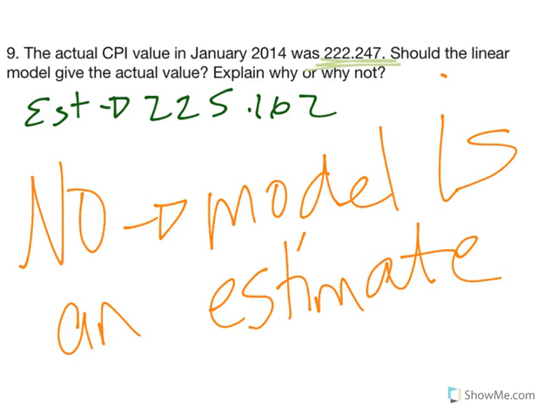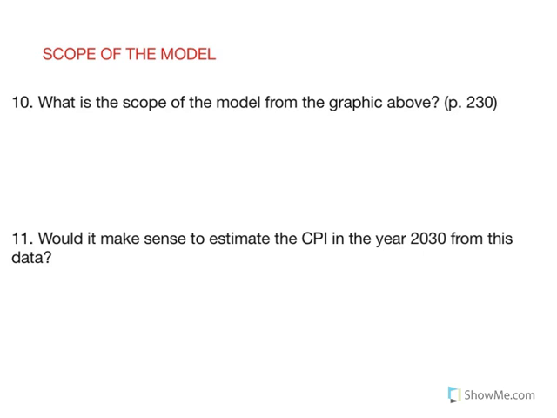All right, moving on to the bottom of page 230, we see the next beautifulness of this page, and that comes in the term of the scope of the model. Let me back up a second. We're in the year 2015. It would not really make sense to say, I predict the population of the world to be 830 billion in the year 4000.